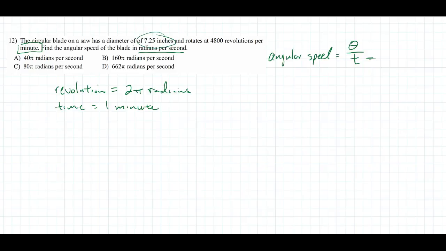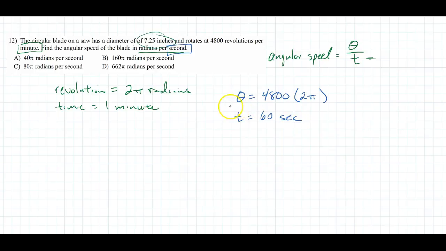So for our problem, let's go ahead and look at our angle that we rotate. So we had 4,800 revolutions times 2 pi radians per revolution, and our time was 1 minute, but we can kind of cheat because we know that we want to be in seconds anyway. So I'm just going to go ahead and say our time is 60 seconds.